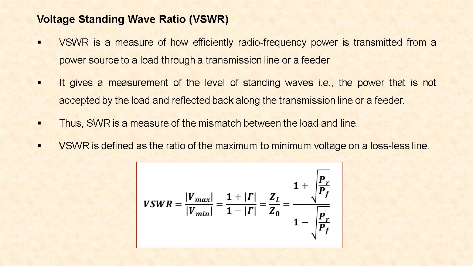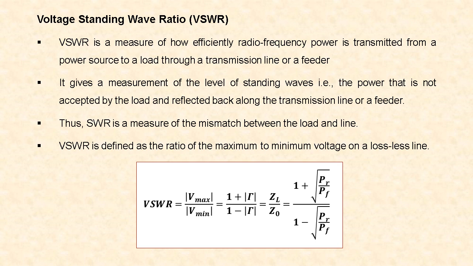Next, voltage standing wave ratio. It is a measure of how efficiently radio frequency power is transmitted from a source to a load through the transmission line or feeder. This gives us a measurement of the level of standing waves, that is, the power that is not accepted by the load and reflected back in the opposite direction along the transmission line or feeder.